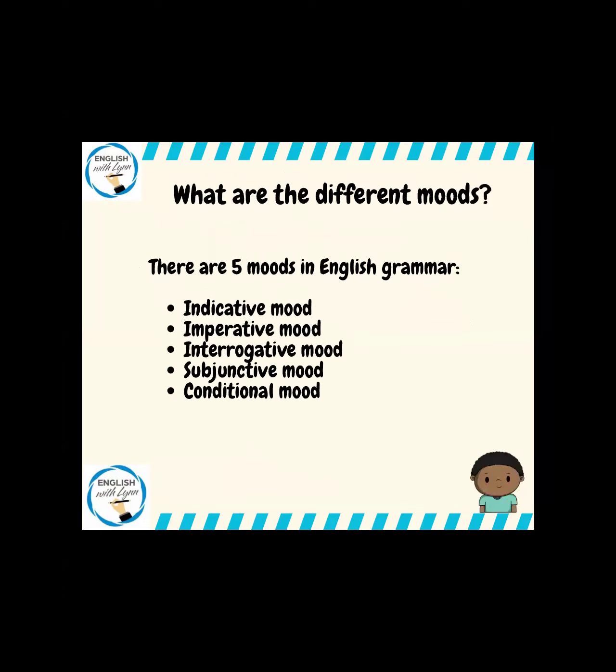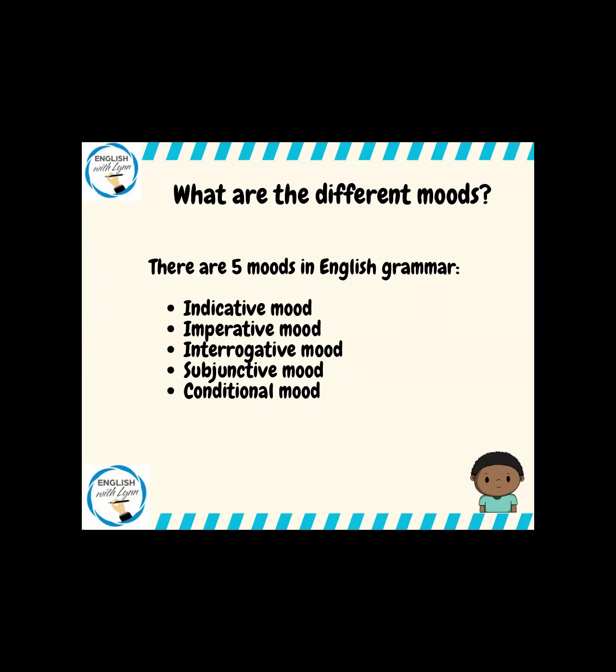And when we speak about mood in grammar, there are 5 different moods that we use. We use the indicative, imperative, interrogative, the subjunctive, and the conditional. So before we look at the sentences to try and work out which mood is being used, we need to understand what the 5 moods are.